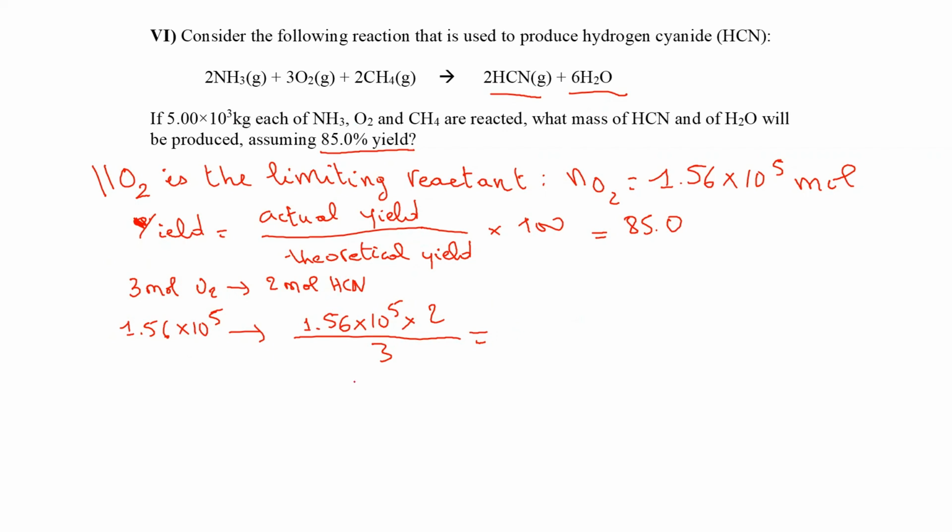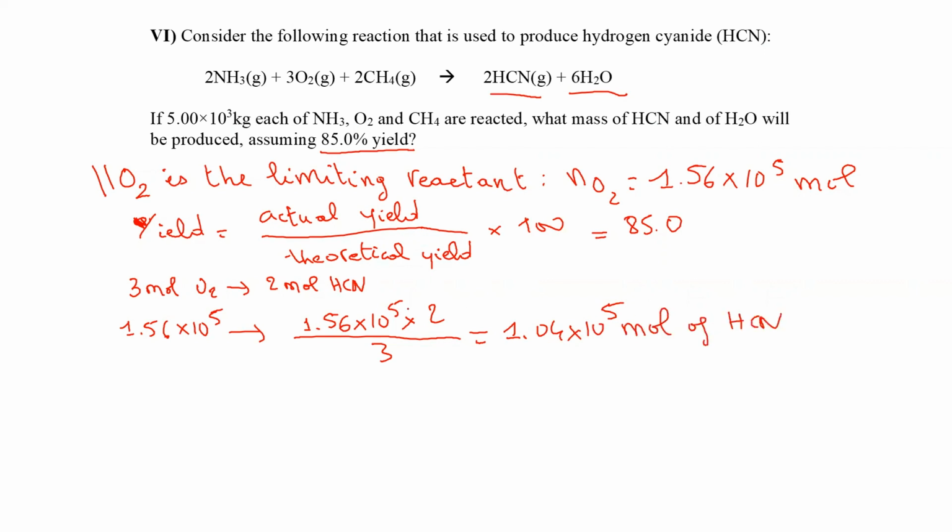We can directly get to the mass, it's easier, or we can give the intermediate value, which is 1.04 times 10 to the power 5 mole of hydrogen cyanide.